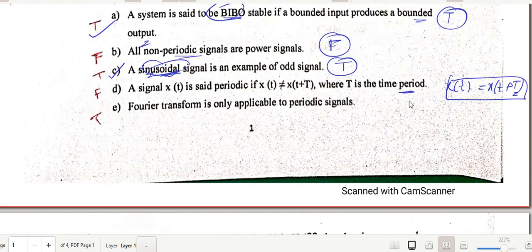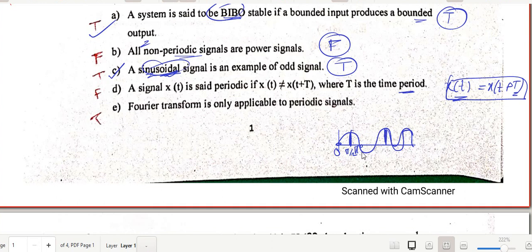If you add the period, the signal will remain the same. Like the example of the sine function: this is the 0 position, this is the pi position, this is the pi by 2 position.